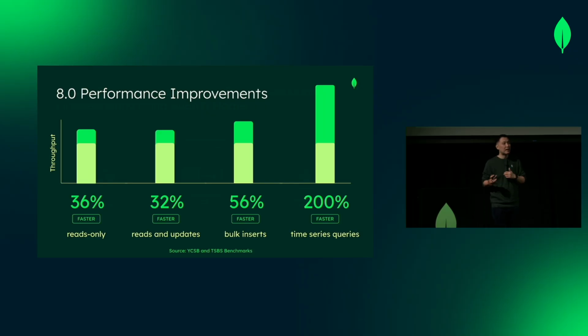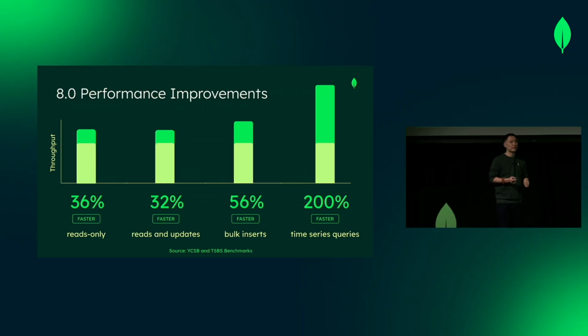And read-updates, which is the mixed workload with read and update operations, 32% faster. And bulk inserts, which is the fastest way to load your data into MongoDB, are 56% faster compared to previous versions, which means you can load more data into MongoDB in shorter time.